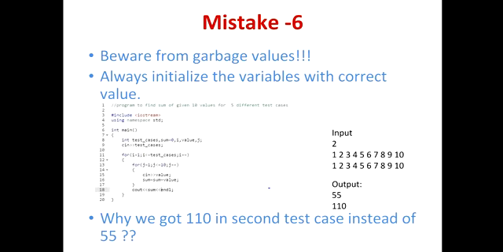You should get 55 again. Why is this happening? Because we have initialized sum with 0 at the top instead of initializing it after the first for statement. So it will not be initialized with 0 after each test case. Thus, we should change the place of sum equals 0 into the first for statement. So, initialize with the correct value and at the correct place.